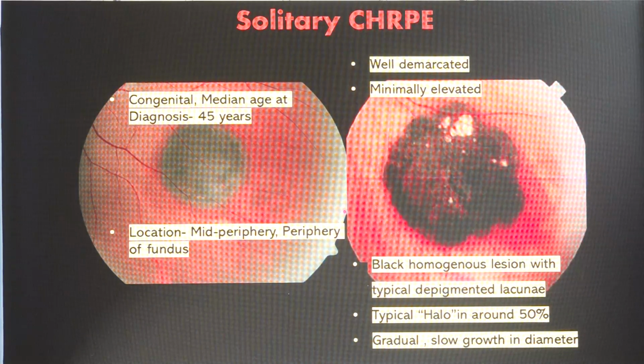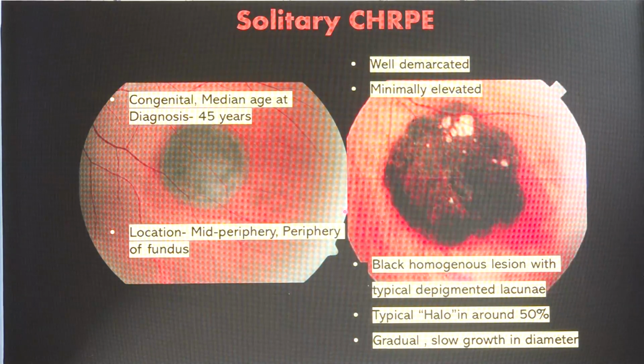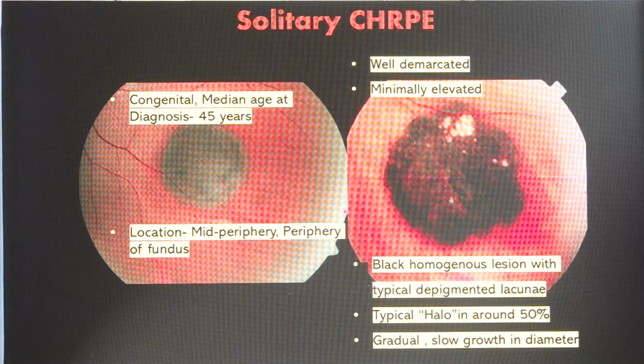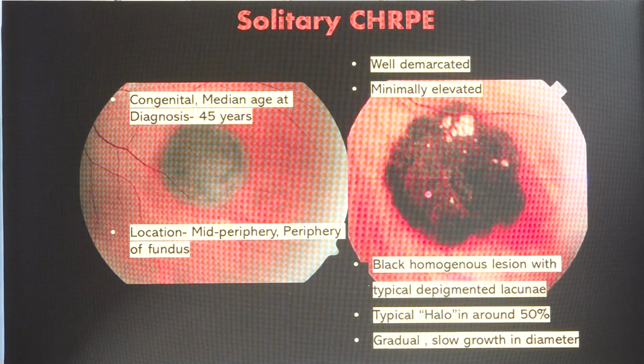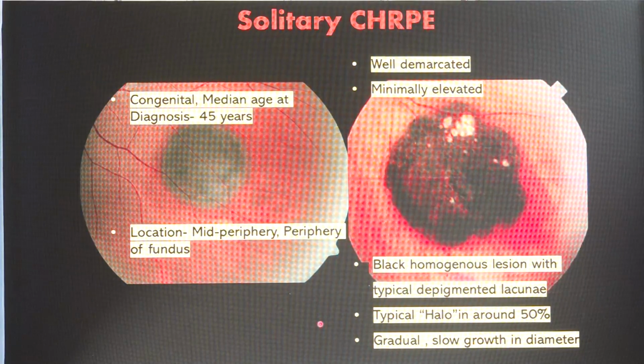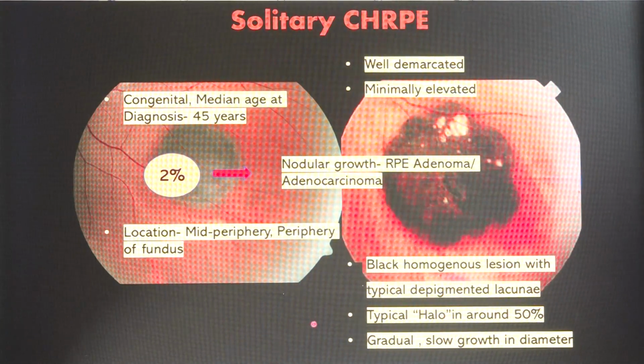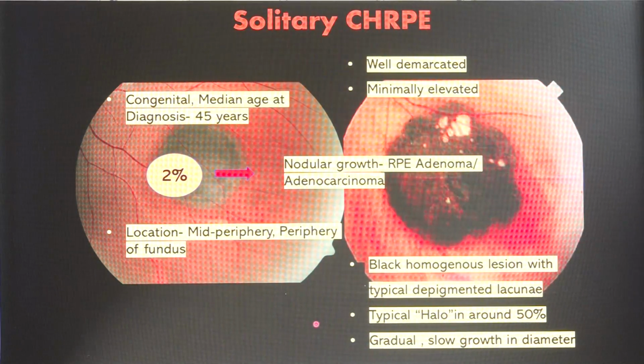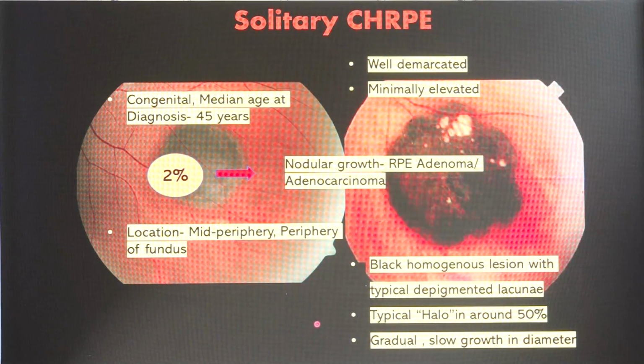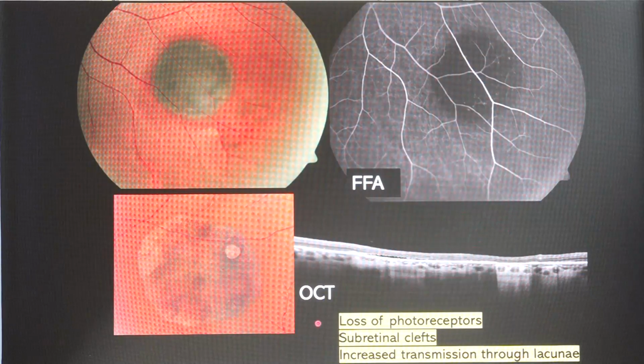They can be well demarcated, minimally elevated, a homogeneous lesion, with typical depigmented lacunae, which we just spoke about, and can have slow, gradual growth in peripheral diameter. Though not alarming, 2% of them can have a nodular growth, which can lead to an RPE adenoma or adenocarcinoma in future.